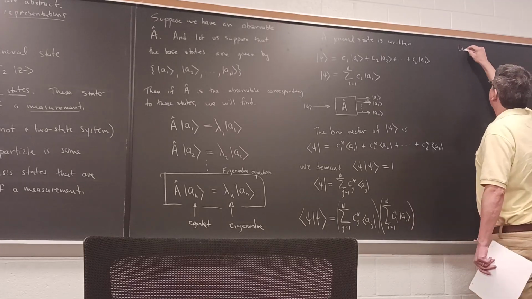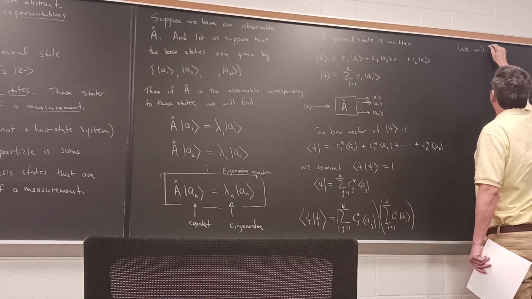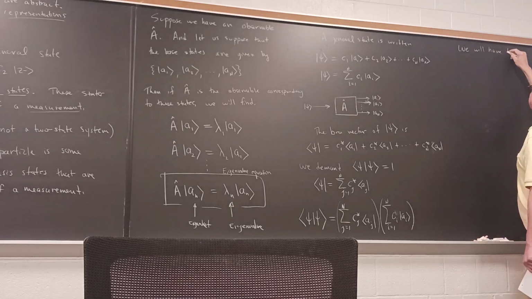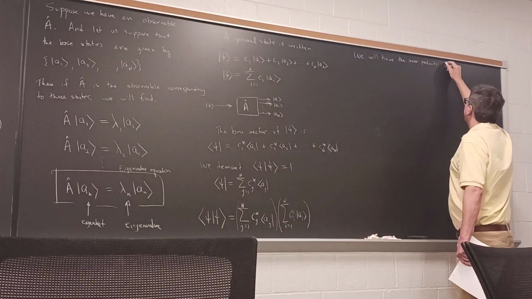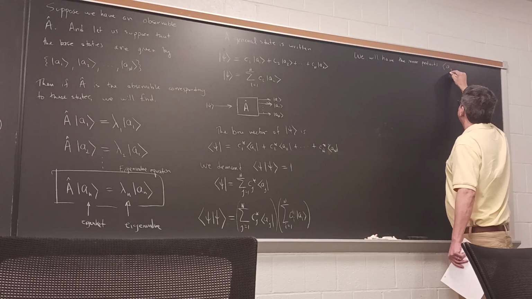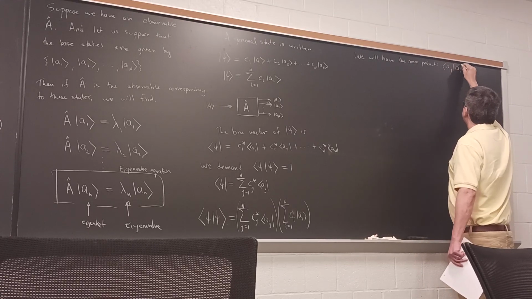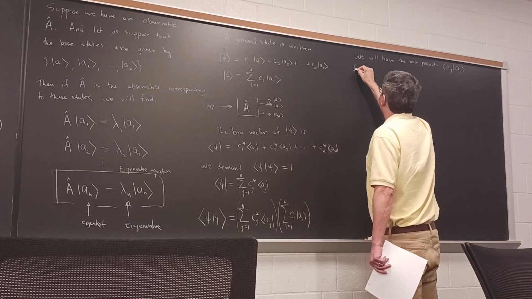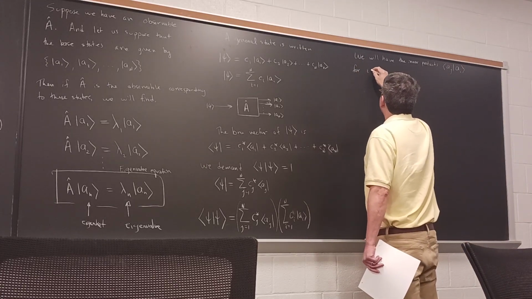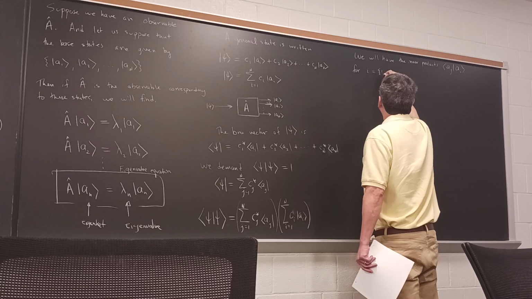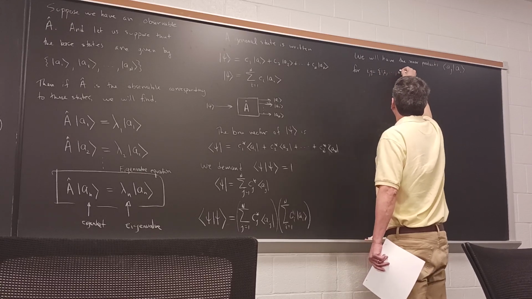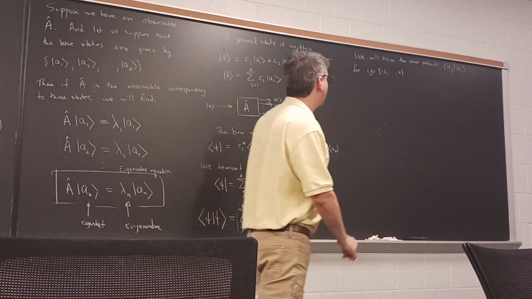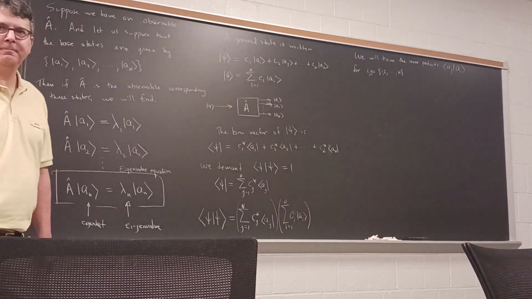So we will have the inner products Aj, A sub i for i and j up to n. Okay, so we've got a whole bunch of inner products here.